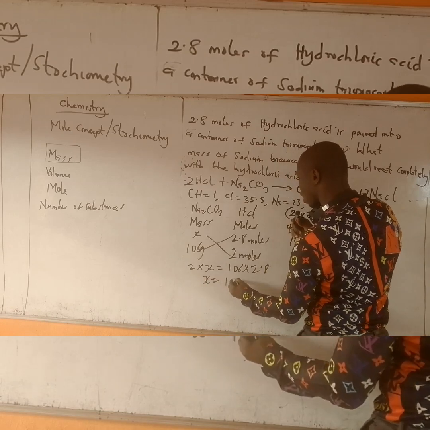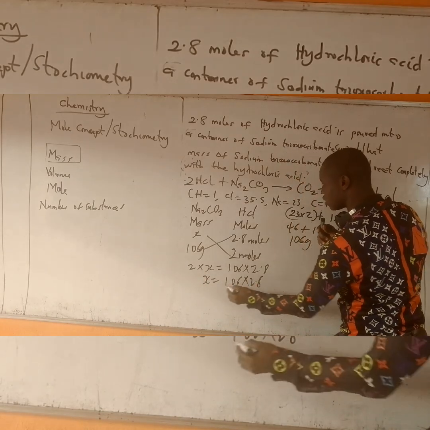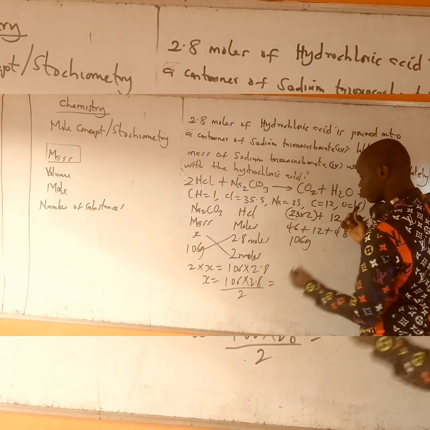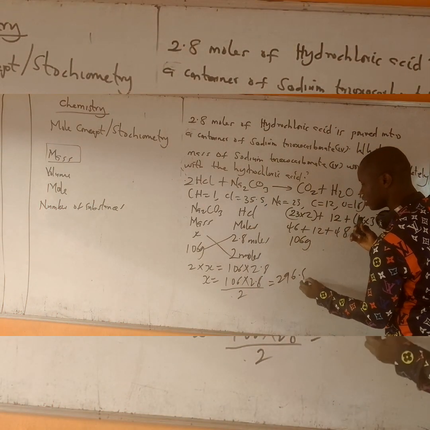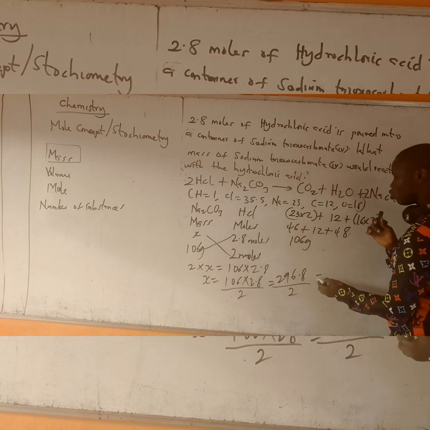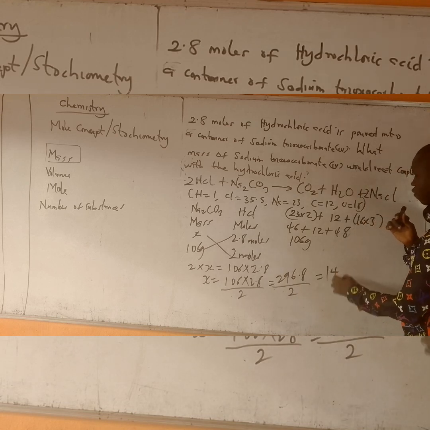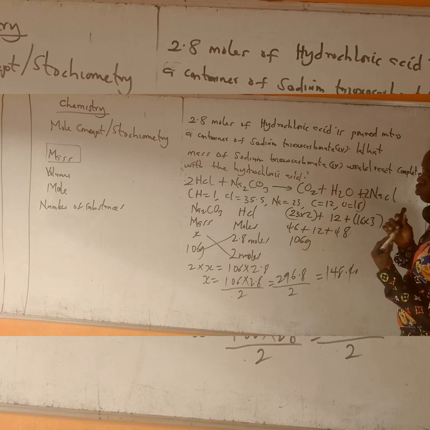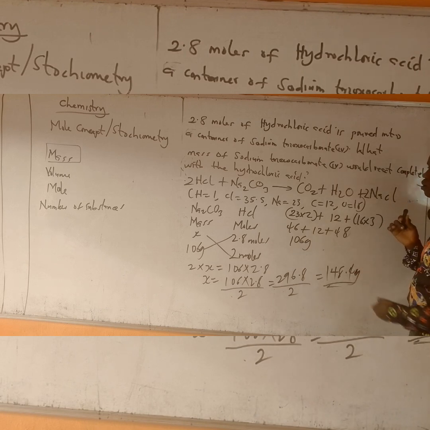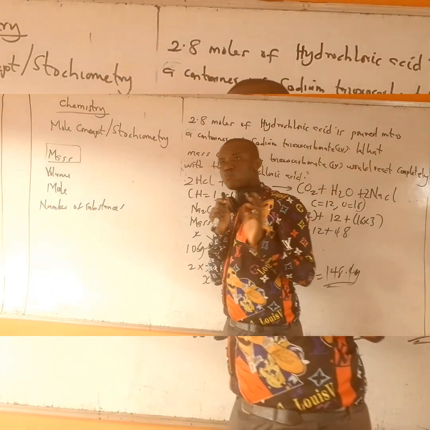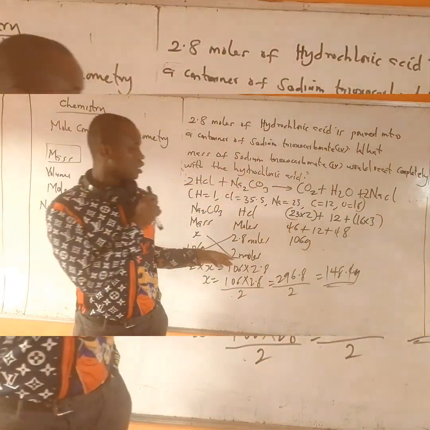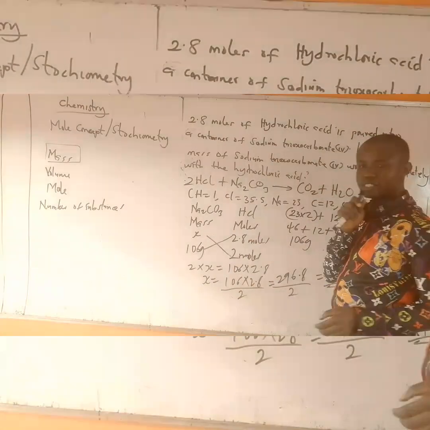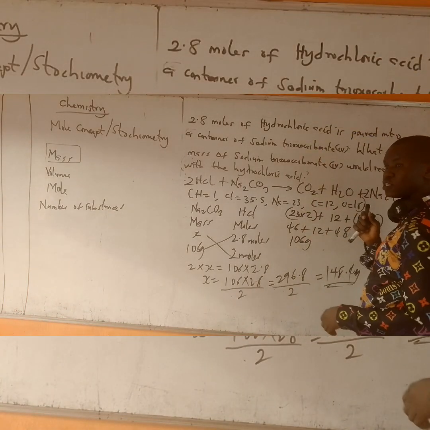So x will be equal to 106 times 2.8 over 2, which will give us 296.8 over 2, which will give us 148.4 grams of Na2CO3, which means the mass of Na2CO3 required to react completely with 2.8 moles of hydrochloric acid is 148.4 grams.